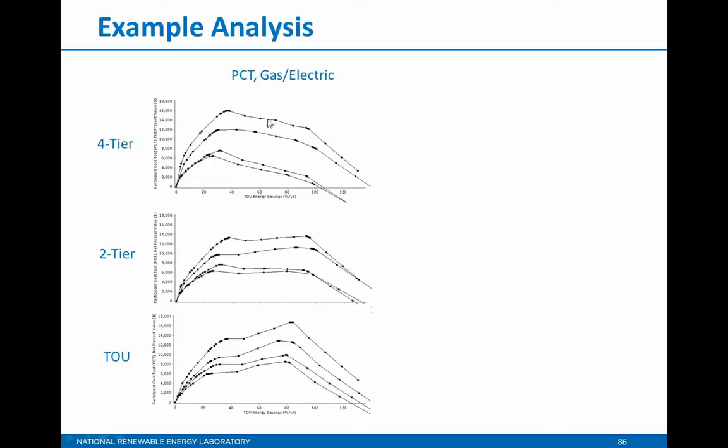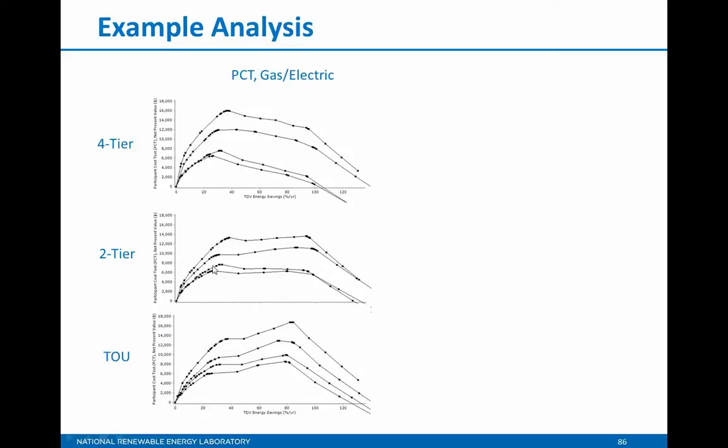The top curve is PG&E, Sacramento, which has a more extreme climate than Riverside, and this is the high use case, large house, and then Riverside, high use case, and then Sacramento, small house, low use, and Riverside, small house, low use.